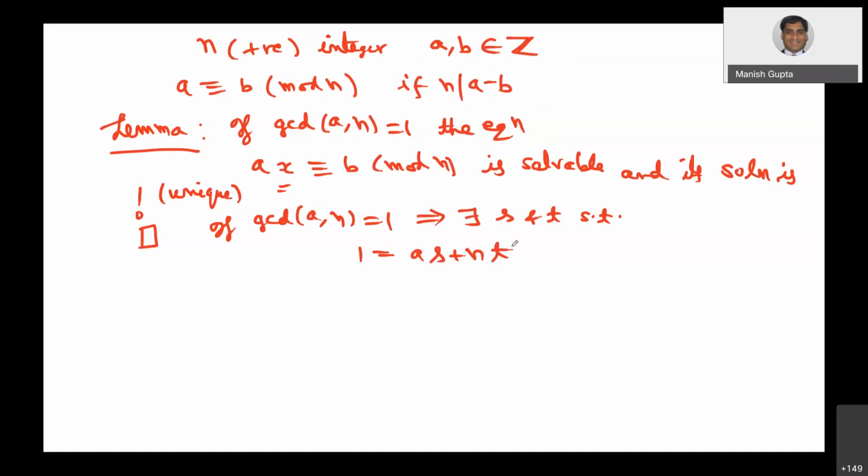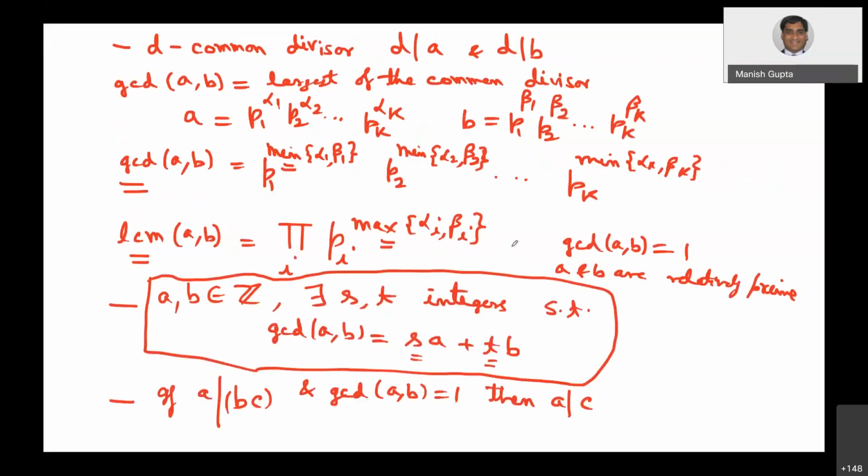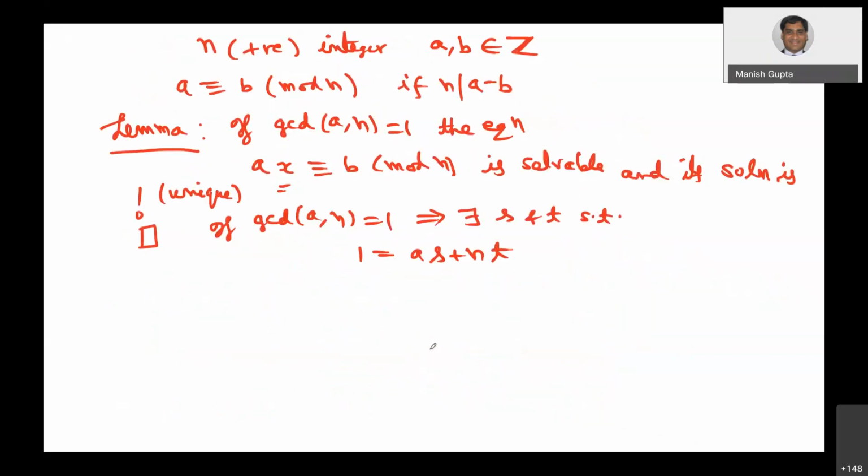Using this result, GCD is 1 means 1 can be written as sa plus tb; here we have a and n, so 1 is as plus nt. If I multiply both sides by b, b is equal to bas plus bnt, right?